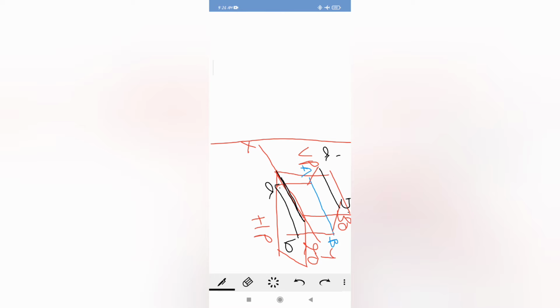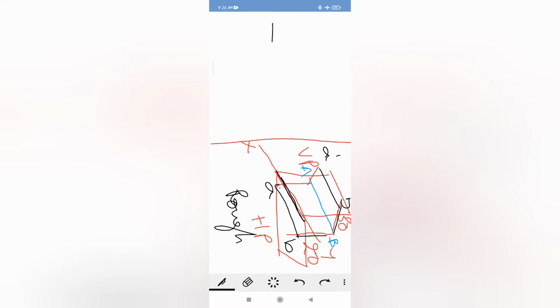That means from the top view, you can see this line at a distance of 30 mm in front of VP, and from the front view, you can see the same line at a distance of 20 mm above HP. This is the rough sketch for your analysis.